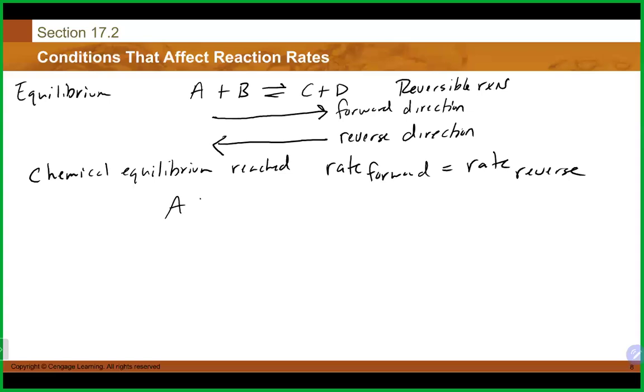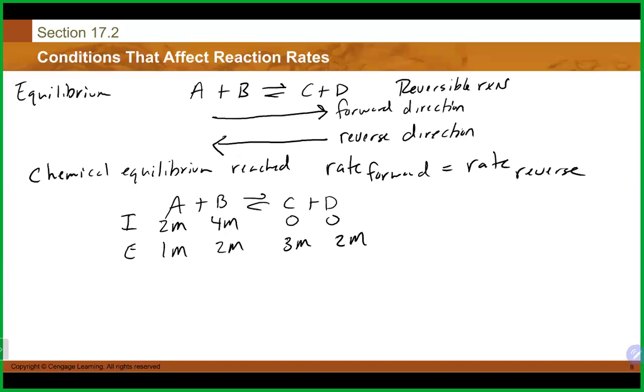So for example, if I had this reaction, and let's just say initially I had 2 molar of this guy and 4 molar of this guy, and I had nothing of product. So I'm just starting with all reactants initially. And when this reaches equilibrium, I'll call that E there, maybe I've got 1 molar of this guy left, maybe 2 molar of this, maybe I made 3 molar of this guy, and maybe I made 2 molar of this guy.